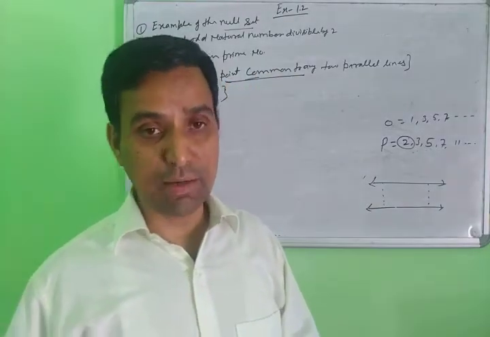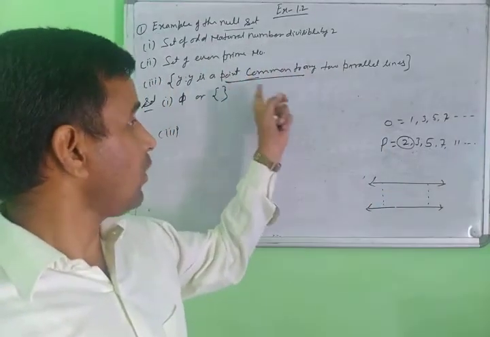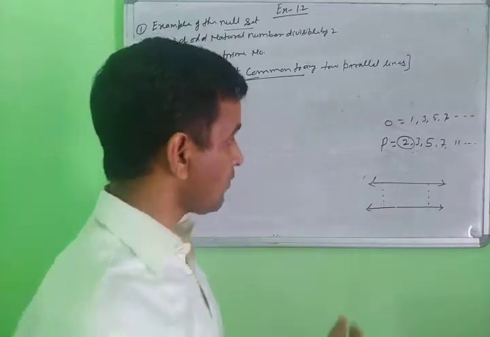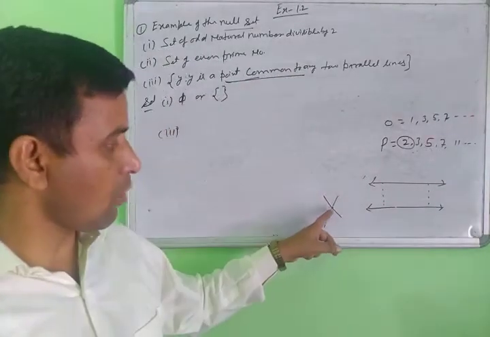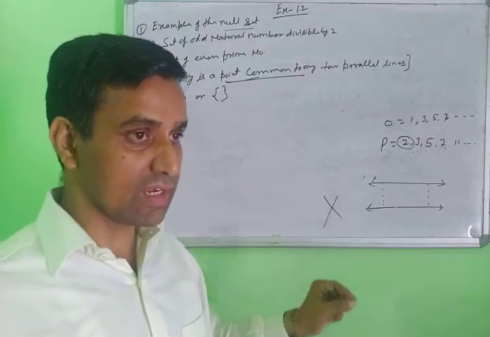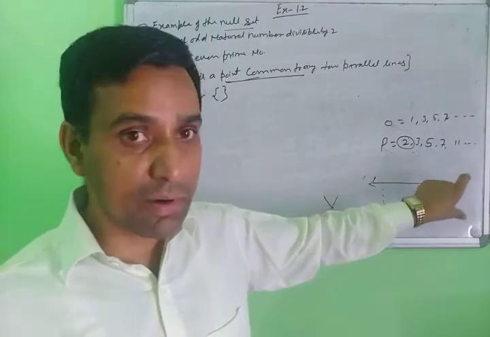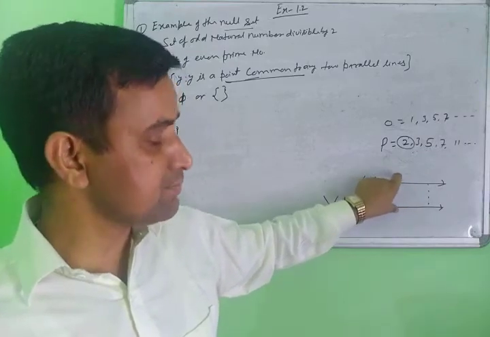But this is the example of an empty set. Here no parallel lines meet at any common point. When lines intersect, that is the common point, where the lines meet. But these lines never meet, so a common point is not possible in these two parallel lines.